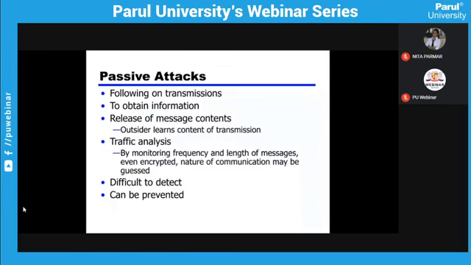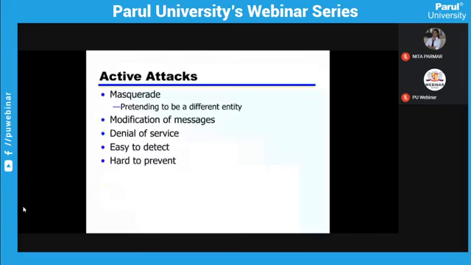So it is also very risky, meaning they can step by step deduce our message. So our message should be difficult to detect, and passive attacks should be prevented. So these are passive attacks, and what are active attacks?